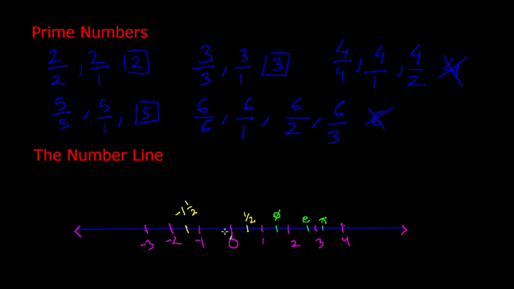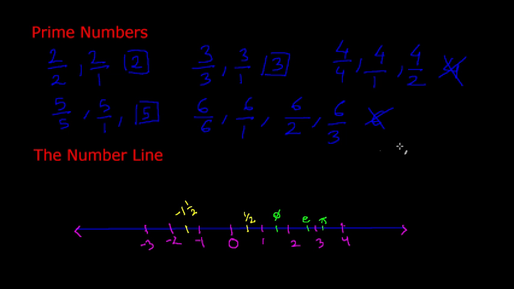And in between there is a number 0.5 or 1/2, -1.5, and then there are some irrational numbers: golden ratio, Euler's number, and pi.